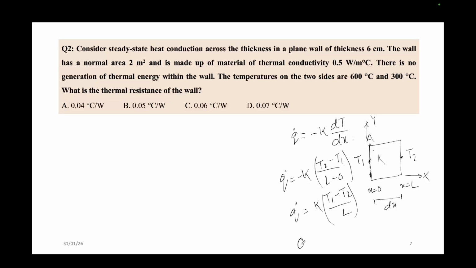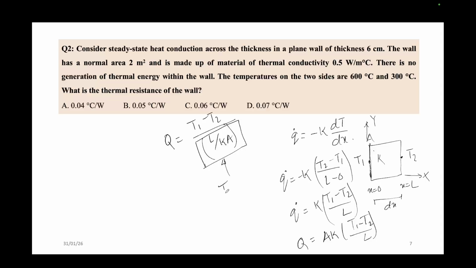So if I have to find Q, Q equals this into area. Just see, I can write Q as (T1 minus T2) by L by kA. This L by kA is known as your thermal resistance. It is analogous to the resistance of an electrical circuit.